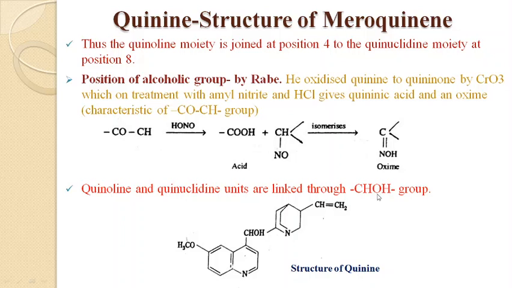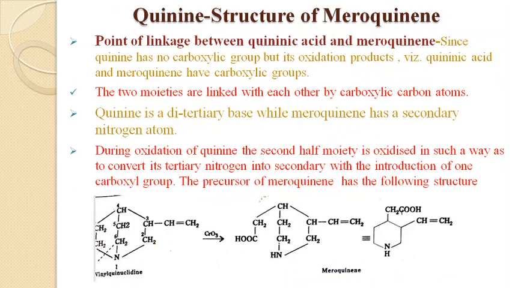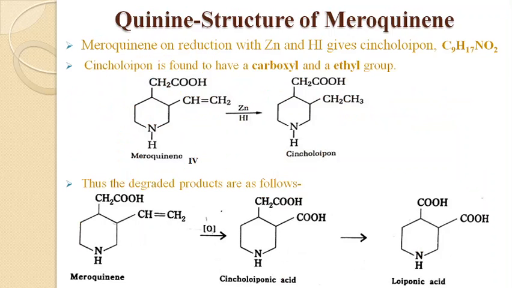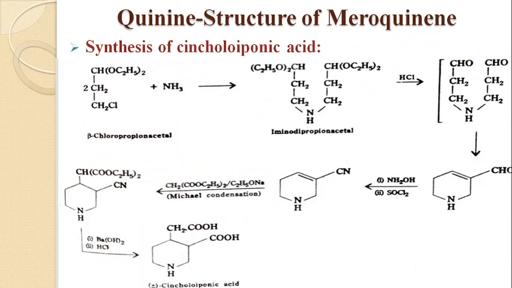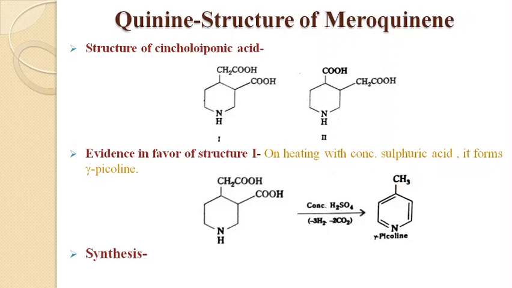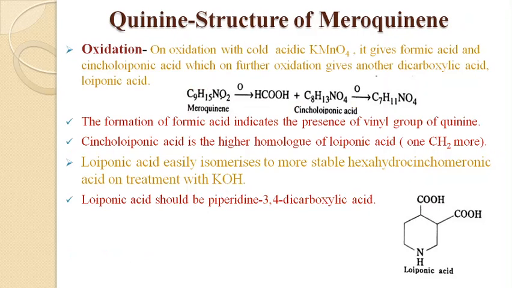This is all about quinine. The important points are the structure of meroquinene, the position of the secondary alcoholic group, the point of linkage between quininic acid and meroquinene, and the degraded products of quinine, cincholoiponic acid and loiponic acid.